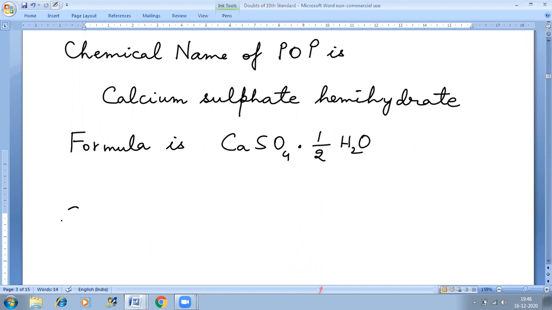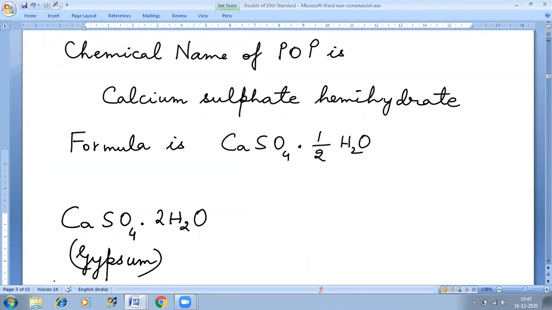How do you prepare it? You take gypsum. This is called gypsum. You heat gypsum to a temperature of 423 Kelvin.